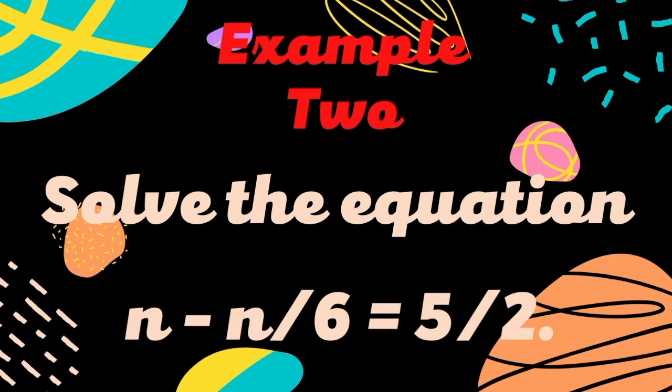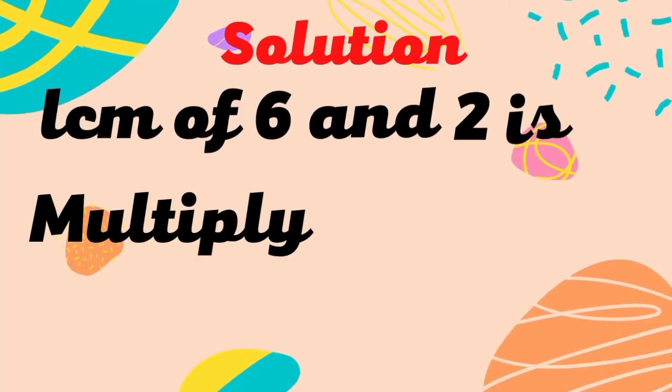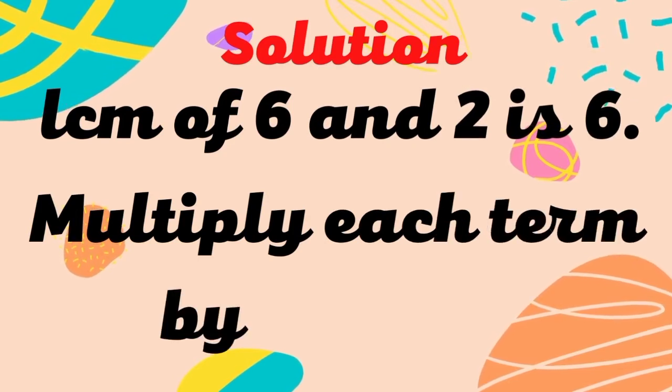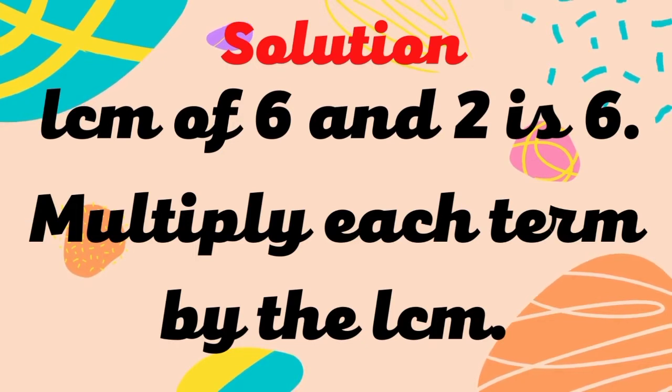In this type of problem, all you need to do is to look for the LCM of the denominators. So the LCM of 6 and 2 here is 6. Once you have gotten the LCM, use it to multiply each term of the equation.